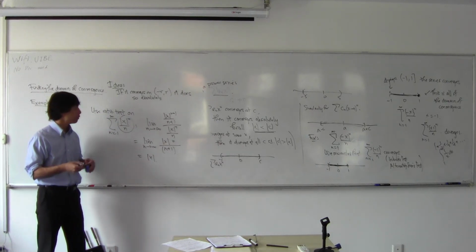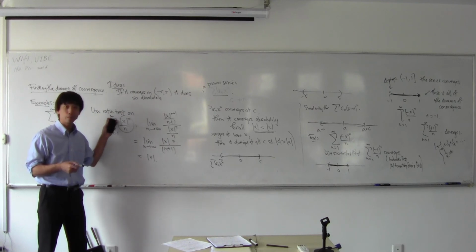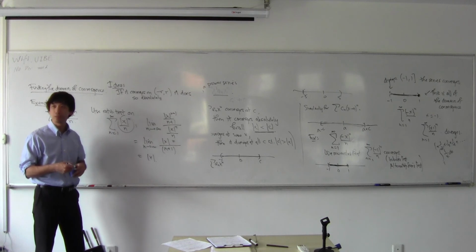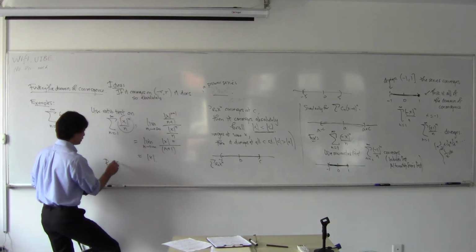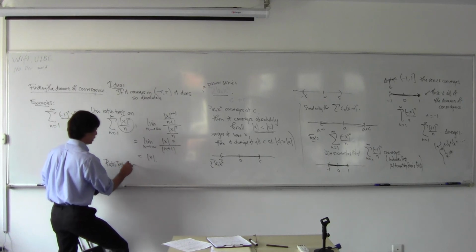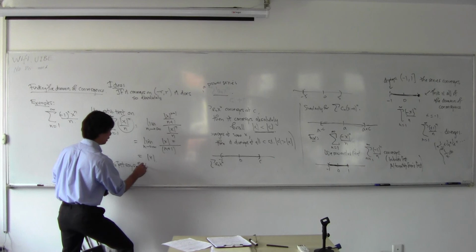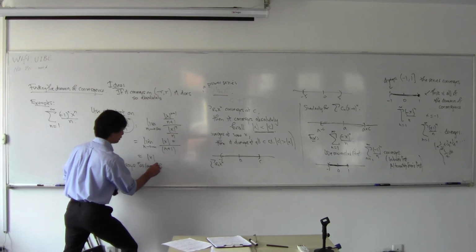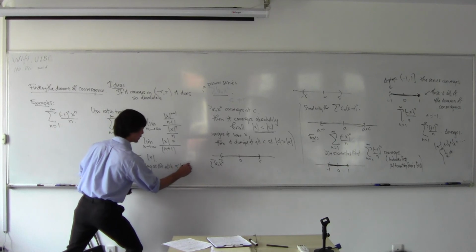And remember what the ratio test says. What does it say? As long as the ratio is smaller than 1, you have convergence, right? Ratio test says as long as the ratio is smaller than 1, then you have convergence.